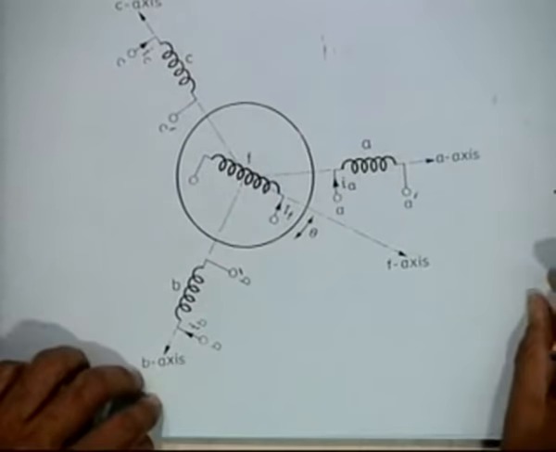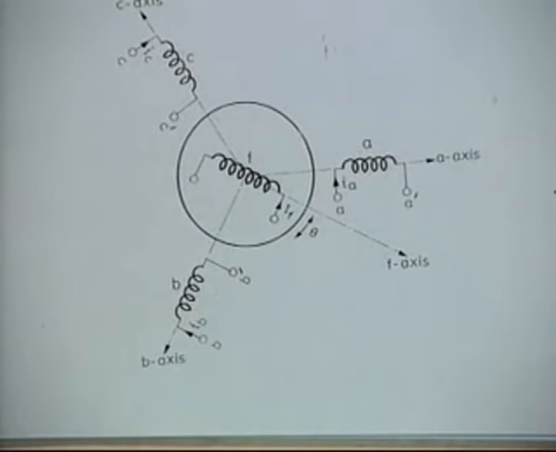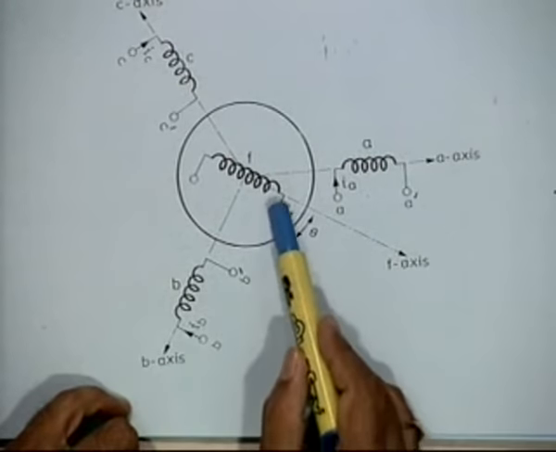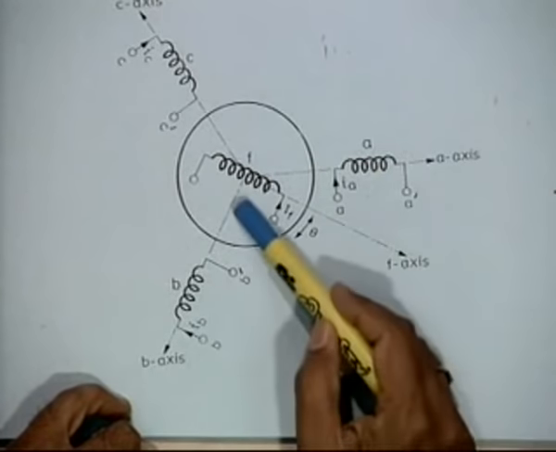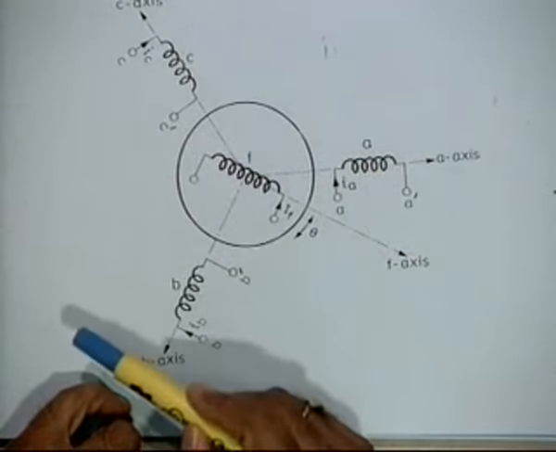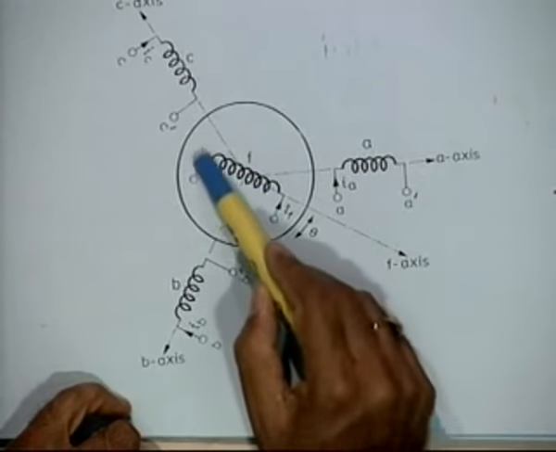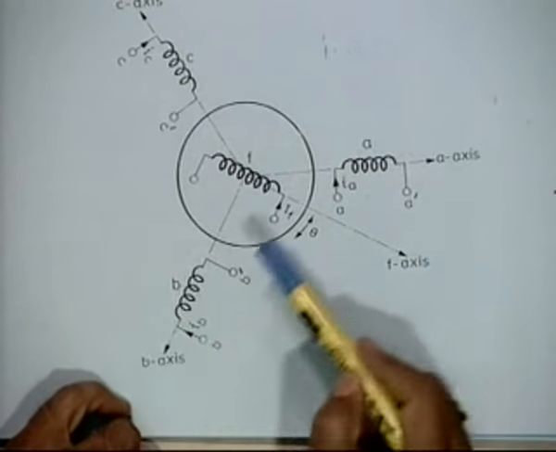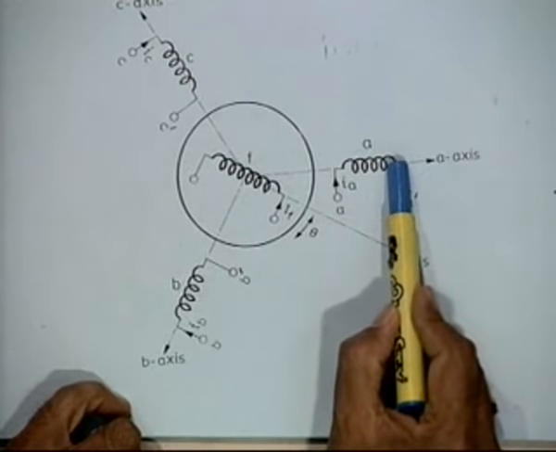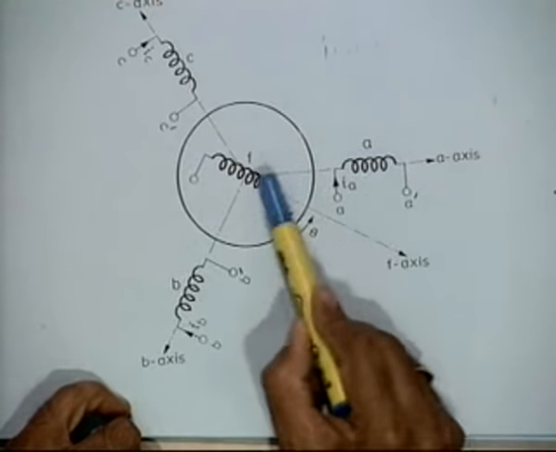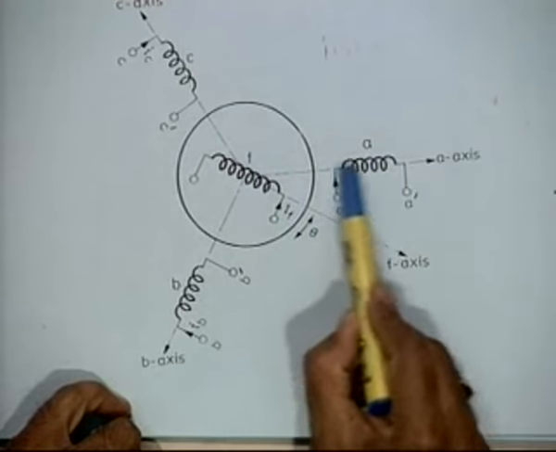But we can draw the same figure in a different way, saying that this is the field winding F, this is A axis, B axis, C axis, and you will expect as it rotates, there is a time where this is in line with A axis, and at that instant A will have maximum flux linkage.